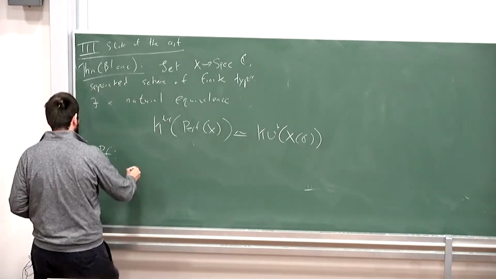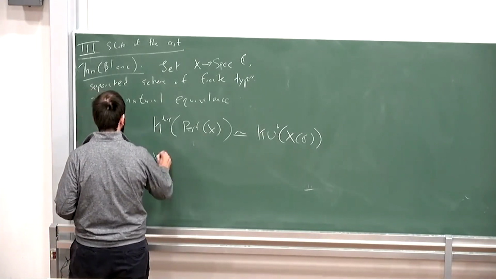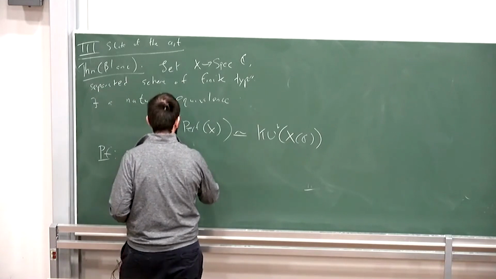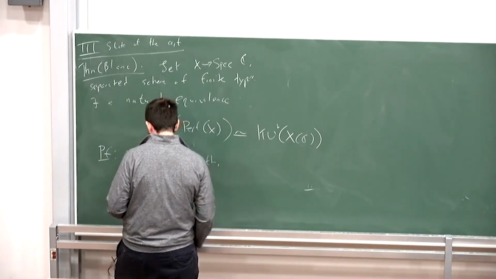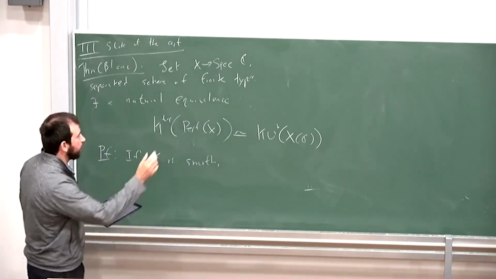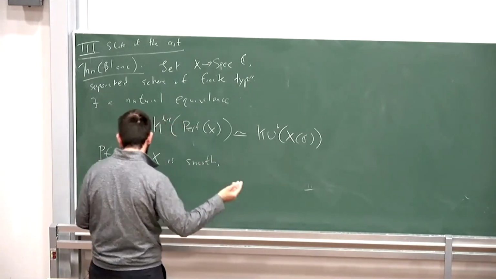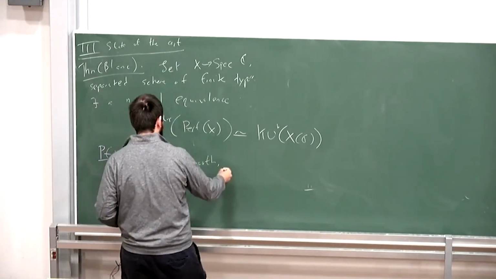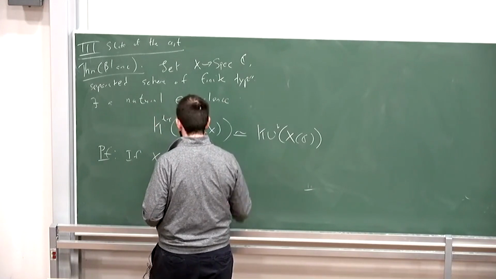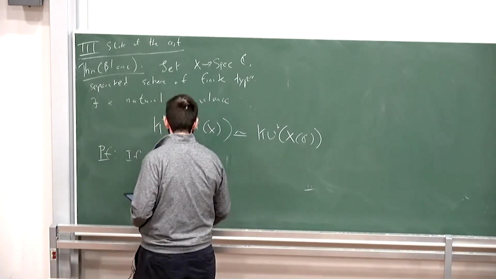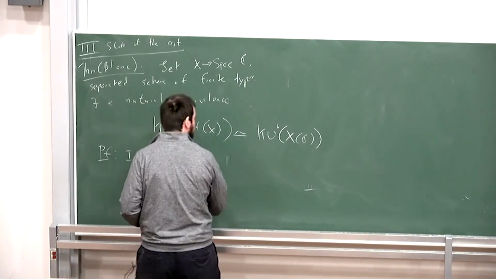Okay. Right, so first, if X is smooth, then this can be seen from the Motivic version of the definition, which I guess I erased, but this can be seen as follows.